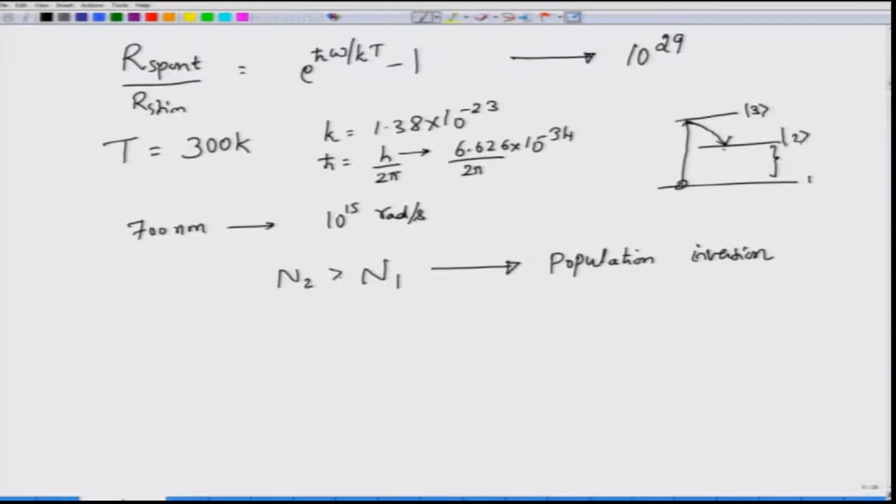This extra level 3 is needed to mediate or make this population inversion happen. But once population inversion has happened, you can consider only these 2 levels and talk about a 2-level system. We will not worry about the 3rd level at this point, we will simply assume that population inversion has happened.